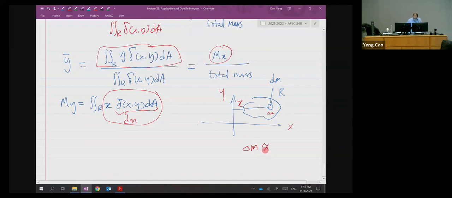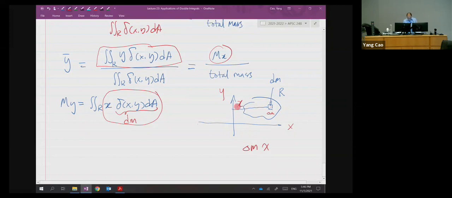So there's a name for this. Remember, how do you calculate the moment due to a force? You use the value of the force times the shortest distance from the force to the pivot point. Now what we're doing here is using this little mass times the shortest distance to the y-axis.